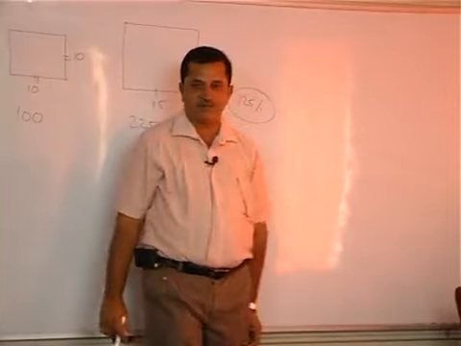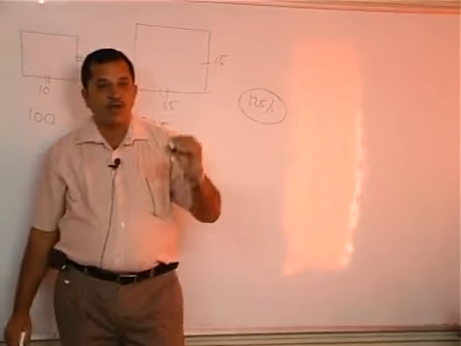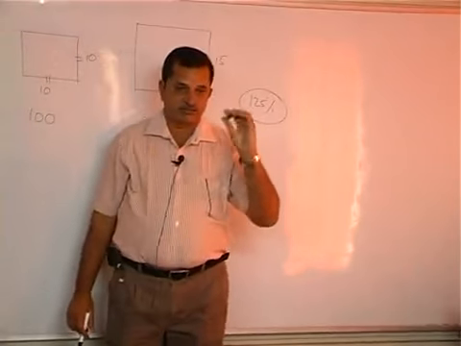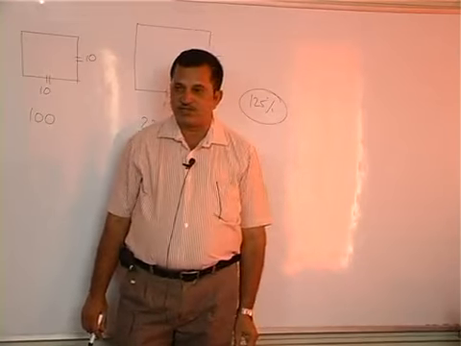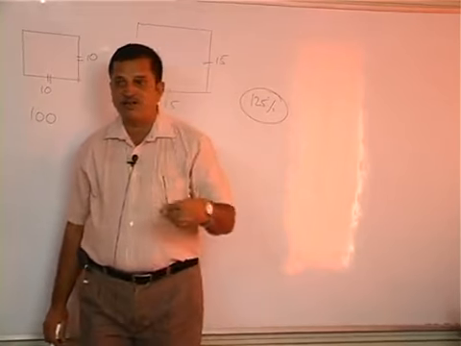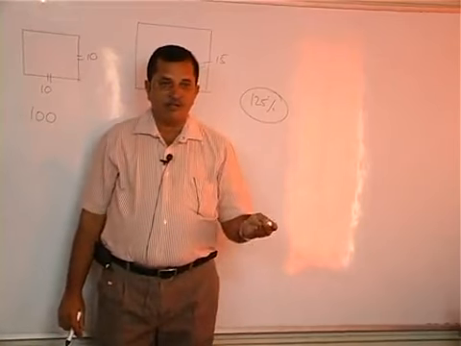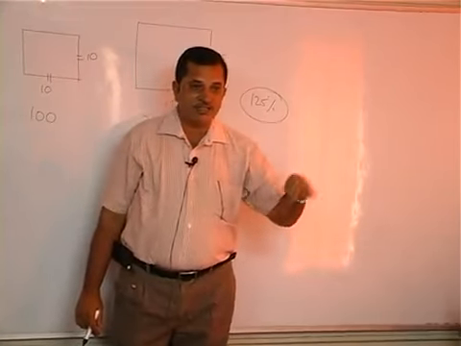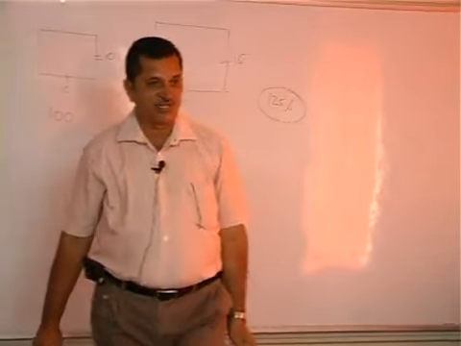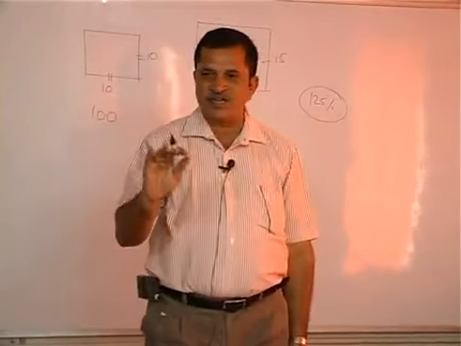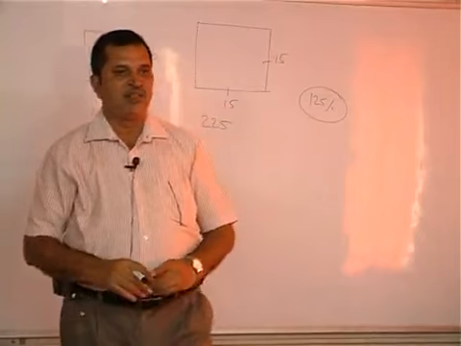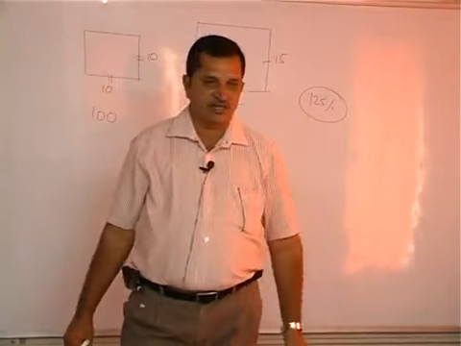Here also you see, whatever may be the diagram, whether it is a square, a rectangle, circle, whatever it may be, and whatever may be the data that is given in the question. Suppose I take squares. What is the possibility of asking the question?